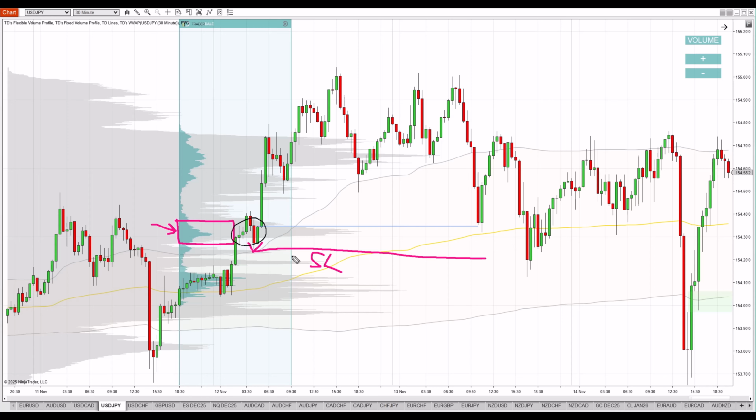Now, regarding take profit placement, you want to place the take profit in an area where the price is likely to turn, right? Because I went long from here, I was looking for a resistance standing in the way of this long trade. There were a couple of things here.